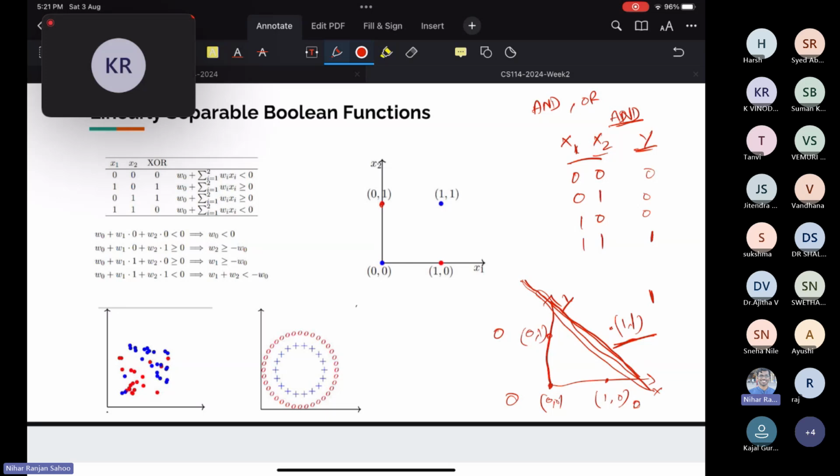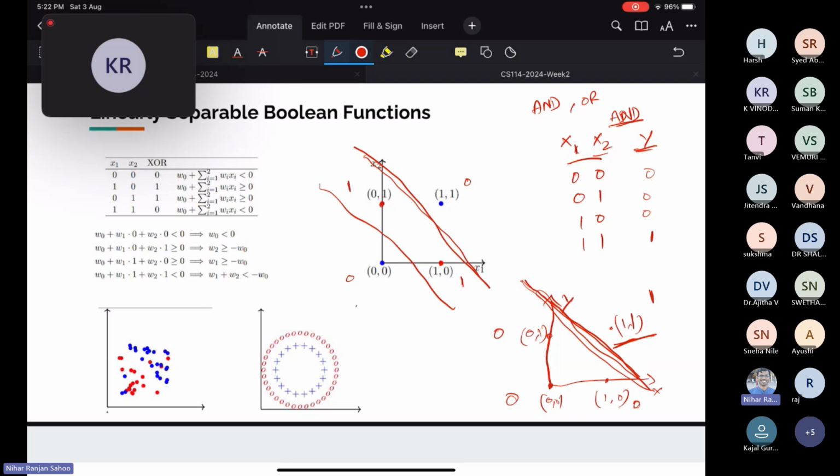These two red dots represent class one, and these two blue dots represent class zero. We cannot draw any single line to separate these two classes. We need two lines here. So this is a class of Boolean function that is not linearly separable.